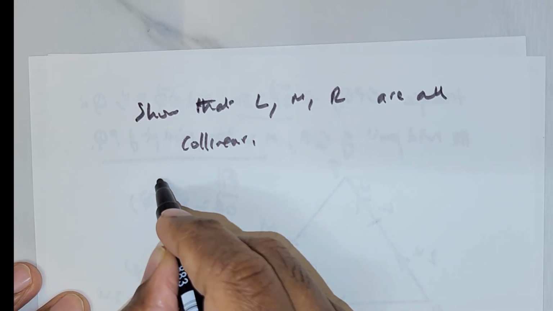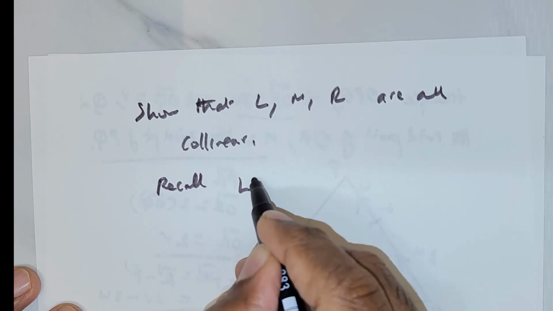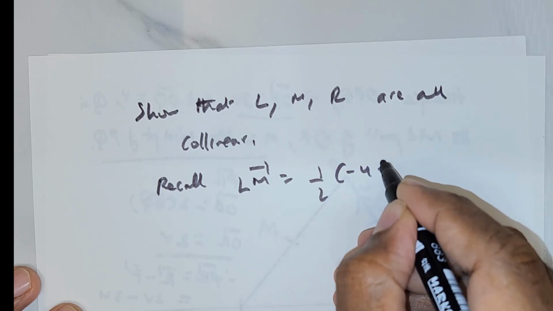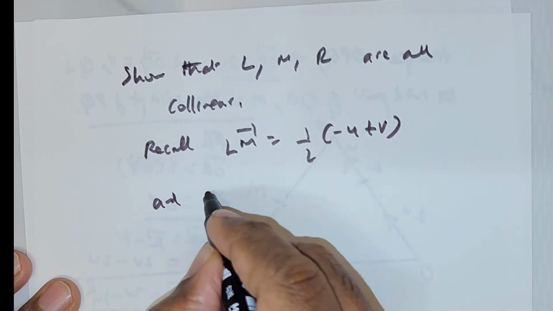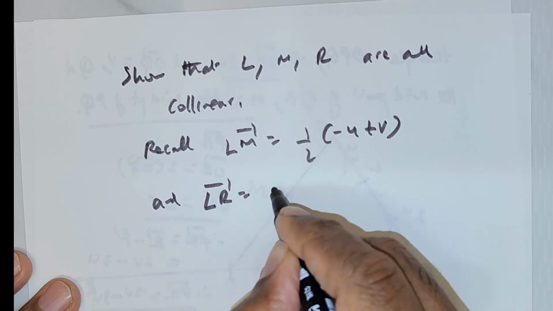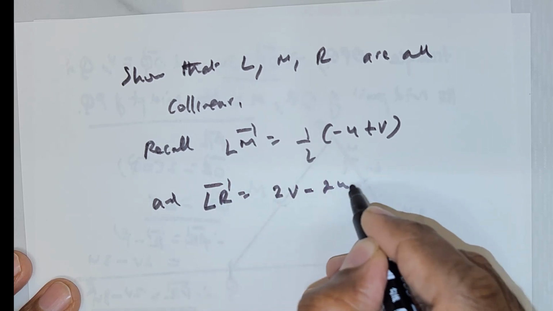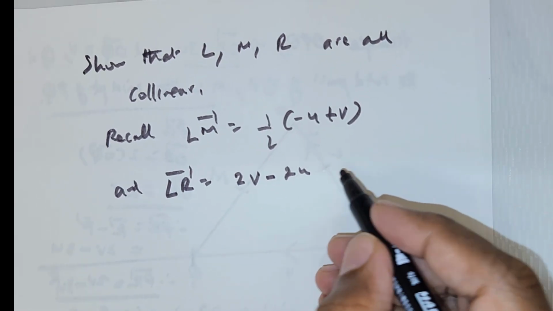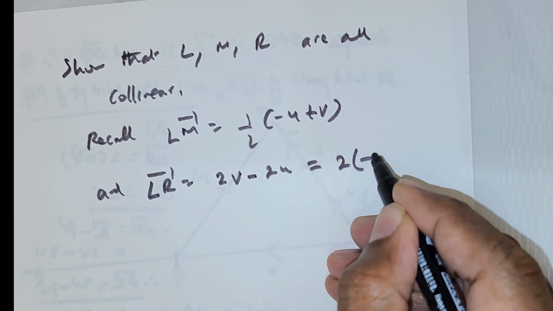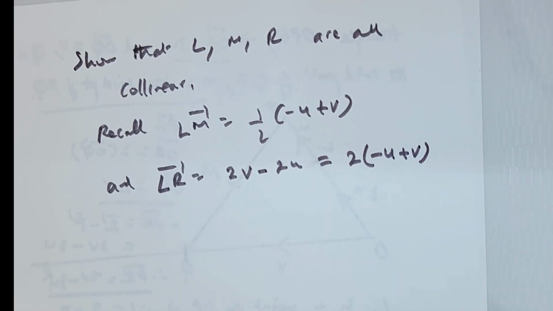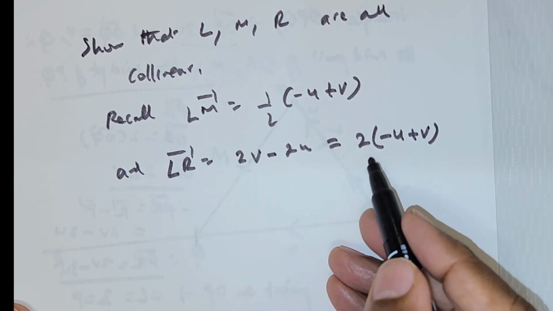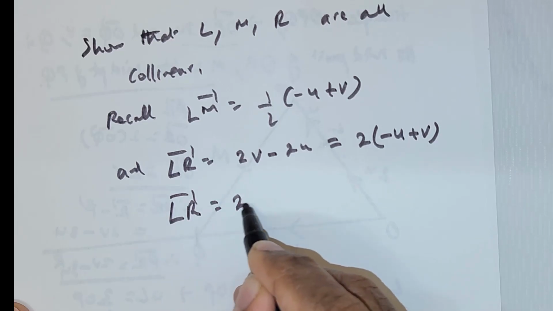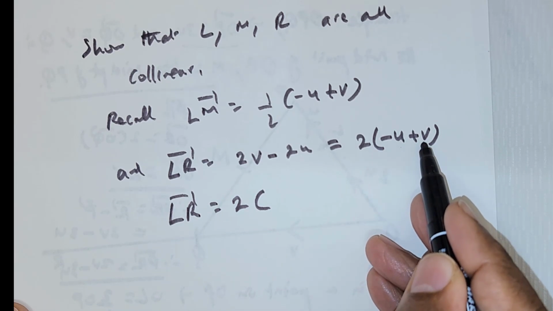Now for this we have to recall the value of LM vector, which is nothing but half times of negative U plus V, and recall LR vector, which is 2 times V minus 2 times U. Now if I can rewrite this as 2 times of negative U plus V, then it would be much better for us. So from here, LR vector is 2 times of negative U plus V.